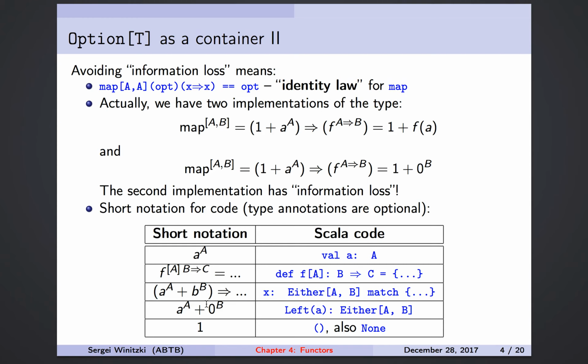On the right hand side, if you want the left part of the either, for instance, then you say a plus 0, or you write 0 plus b. So you write the 0 explicitly to indicate that you're returning a disjunction. Just like in Scala, you have to say left explicitly if you're returning a disjunction. And 1 you write for unit value and also for the none value of the option or any other named unit that you have in your disjunction.